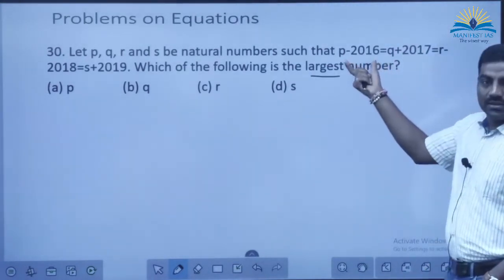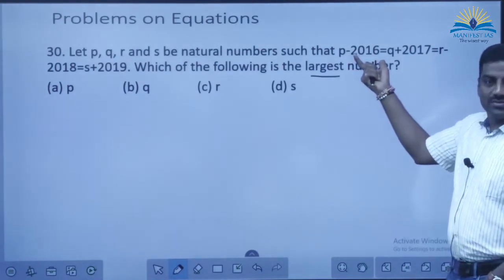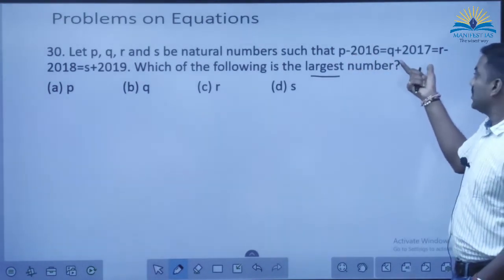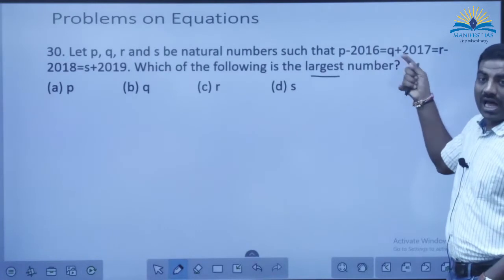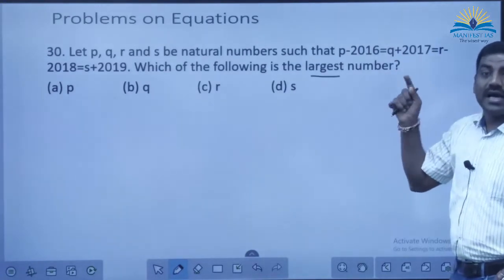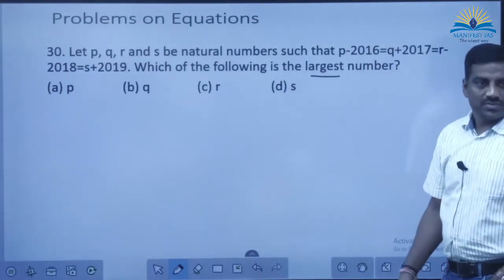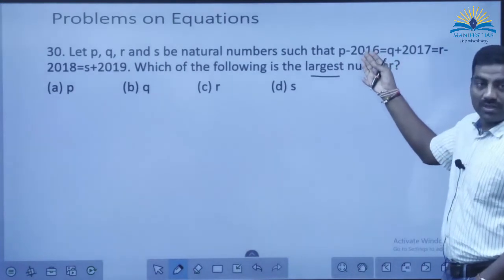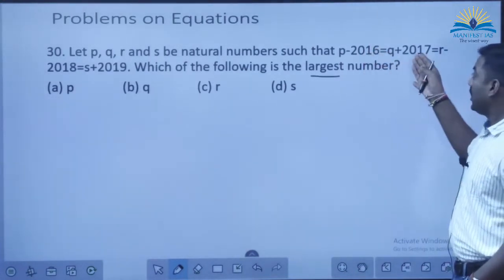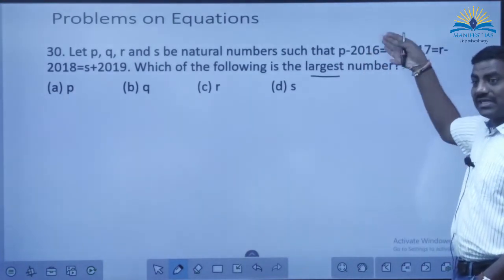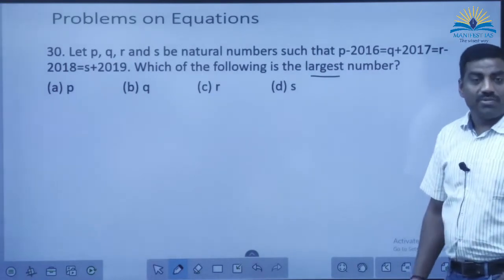This has more to lose. It can lose, but this has to gain. Among P and Q, P has a lot to lose. After Q gains something, then only it is matching the standard of P.